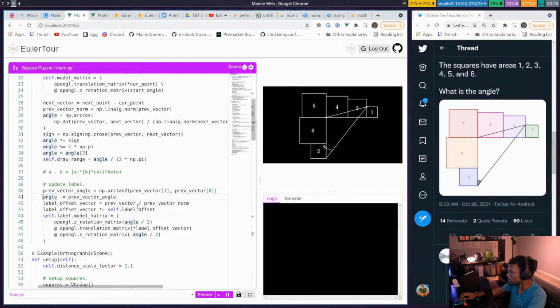So we call label rotation. And this will be pre-vector angle plus angle over 2. No. Oh, I have to update it here.